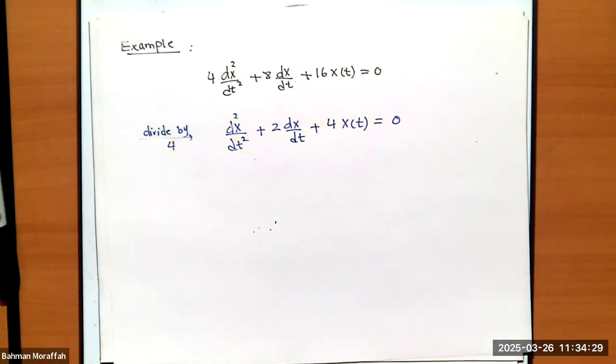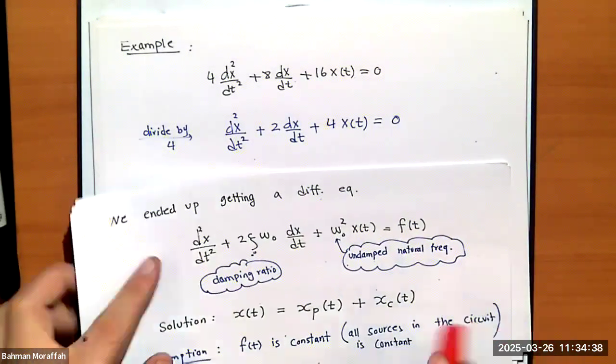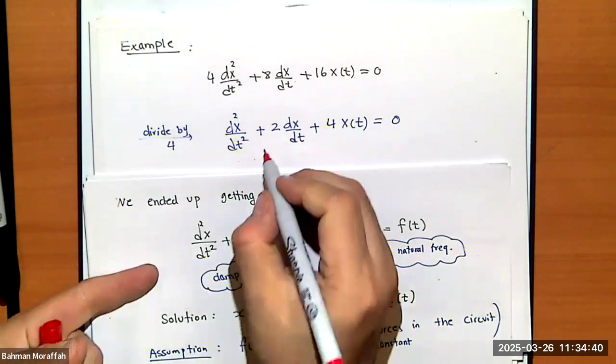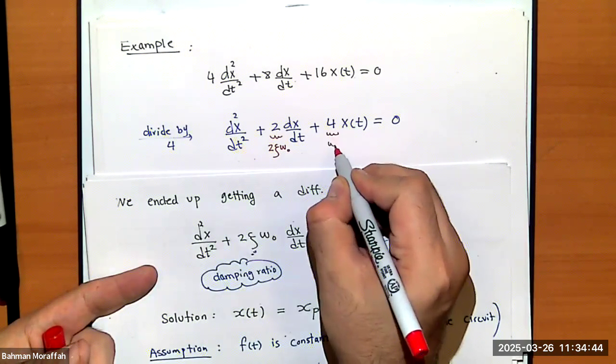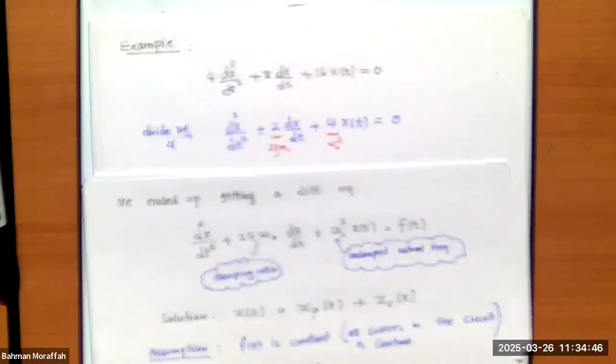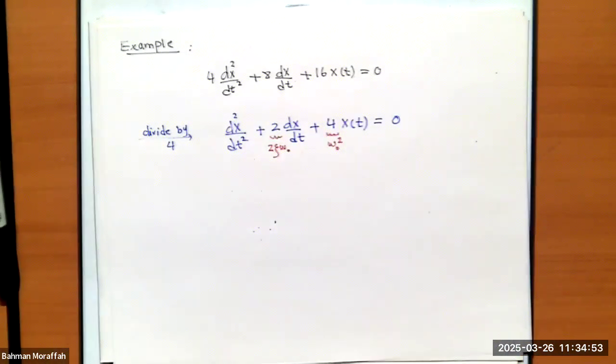Now I'm happy. Now I can compare this to this differential equation that I have. I know this coefficient over here is 2c omega naught, and this coefficient over here is omega naught squared. I just need to compare it to this. What does this tell me?